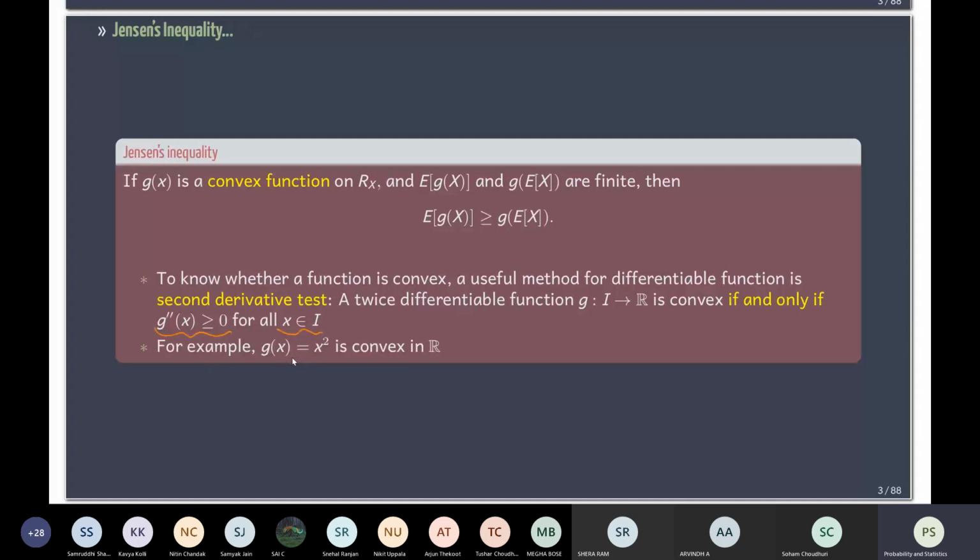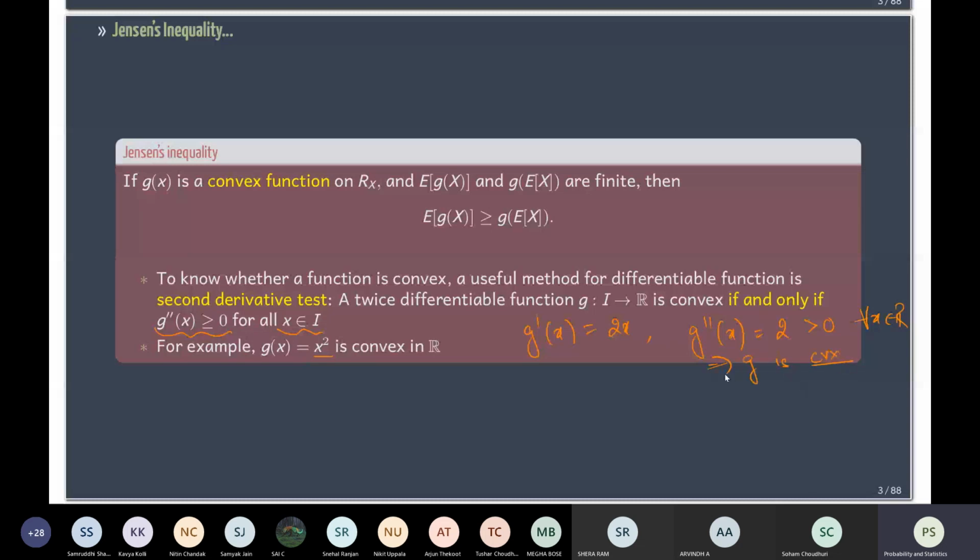For example, g(x) = x squared is convex because if I apply the second derivative test, the first derivative is 2x, and the second derivative is 2, which is greater than 0 for all x in R. So this implies g is convex.